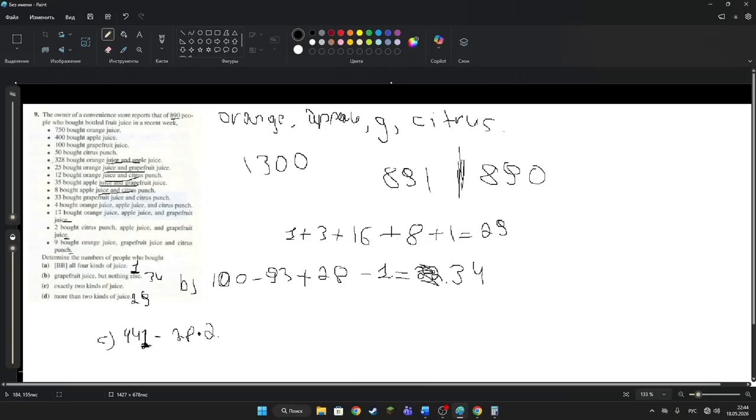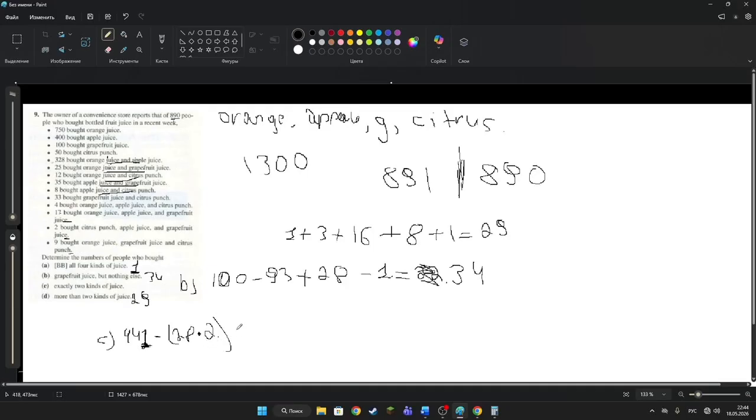Because they're repeating in this, for example, juice and apple and juice and grapefruit, like 2. They repeat.